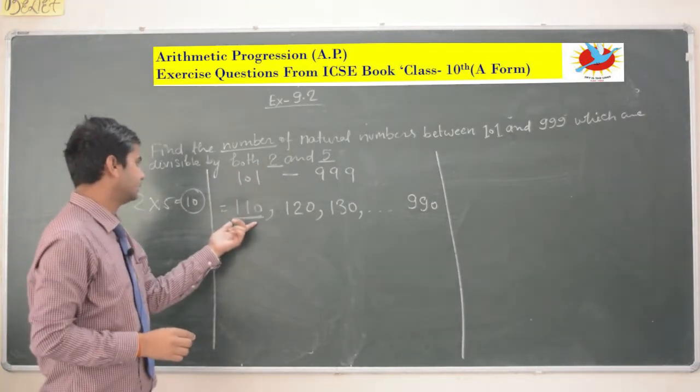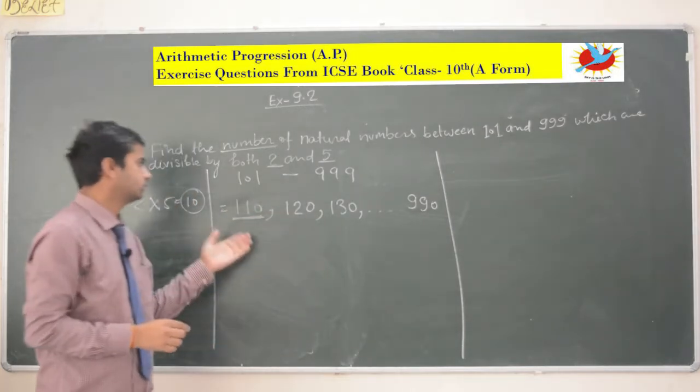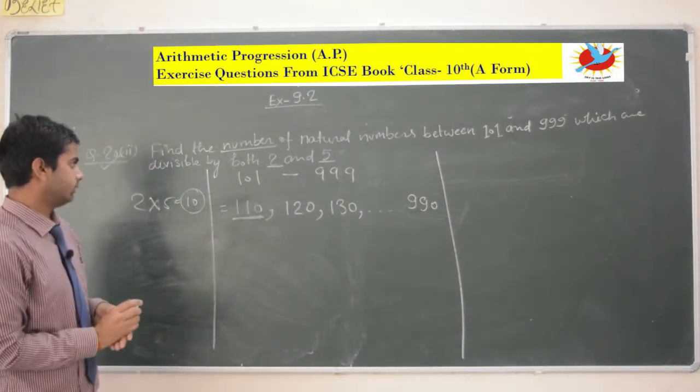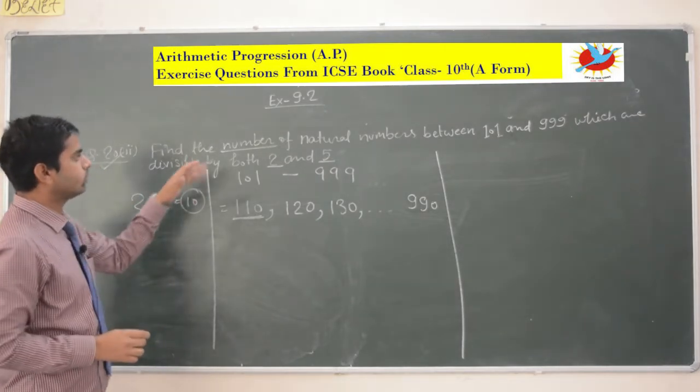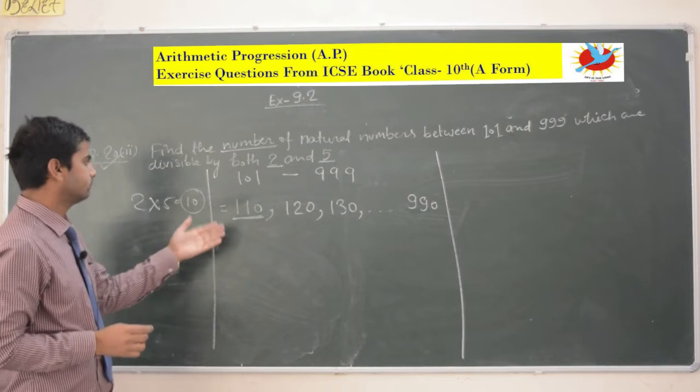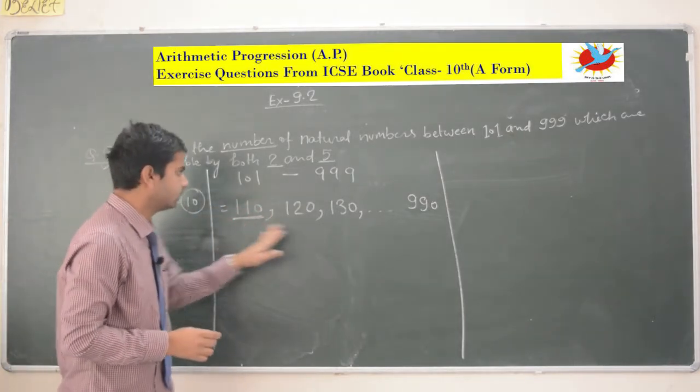So I have taken the multiples of 10 between 101 and 990. So these are the multiples of 10 between 101 and 990. So we have to tell the number of terms between this and this, or how many numbers are from here to here.